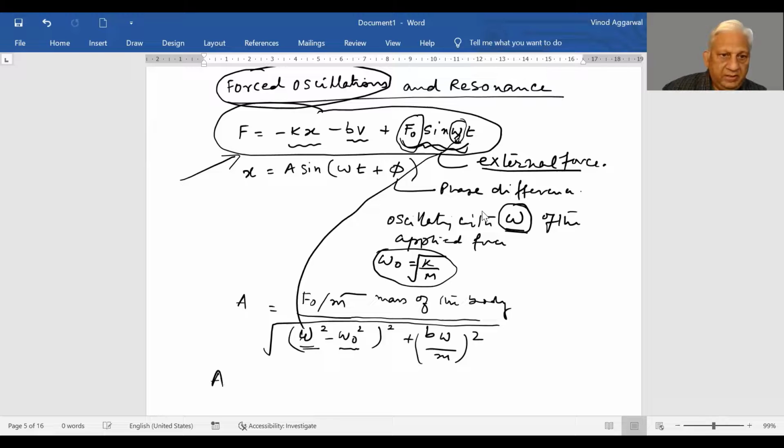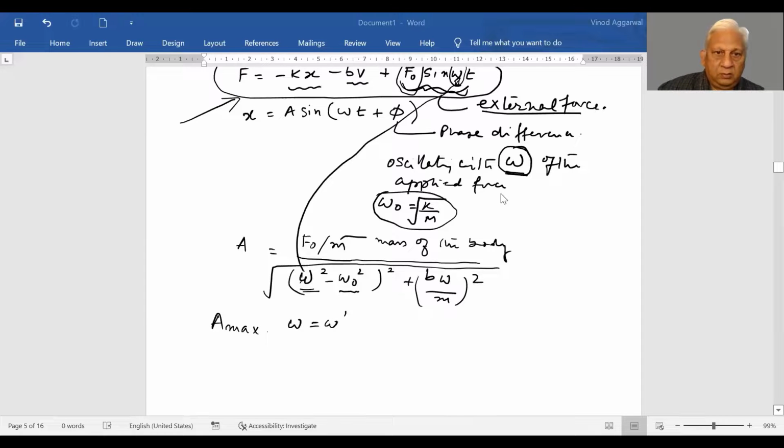Now this will be maximum when omega is equal to omega naught. Now, what is this omega naught?